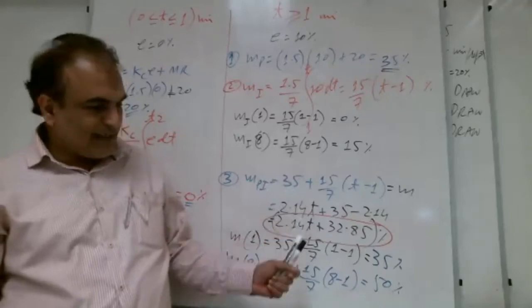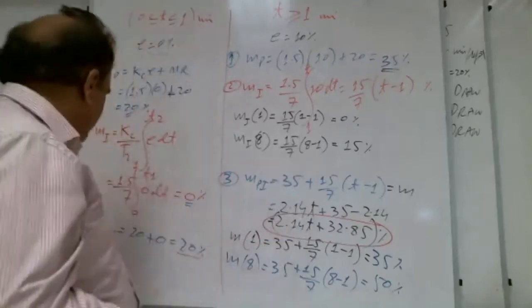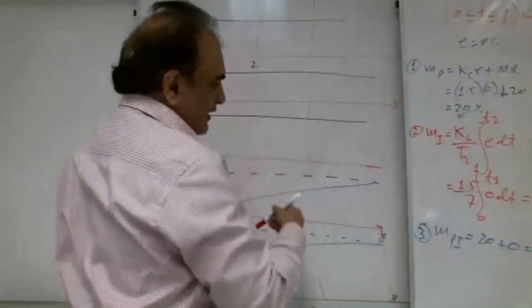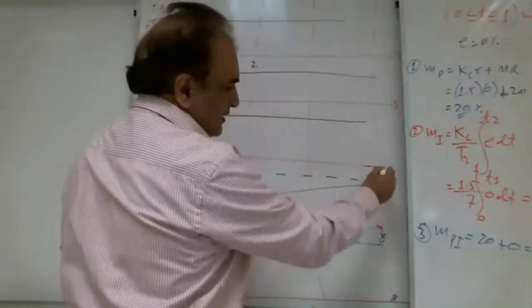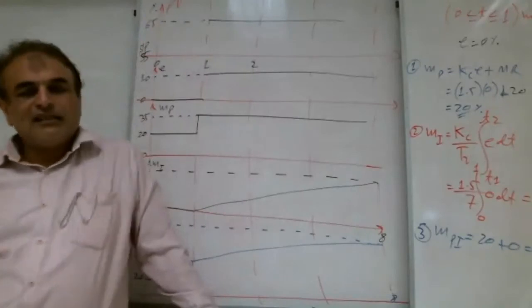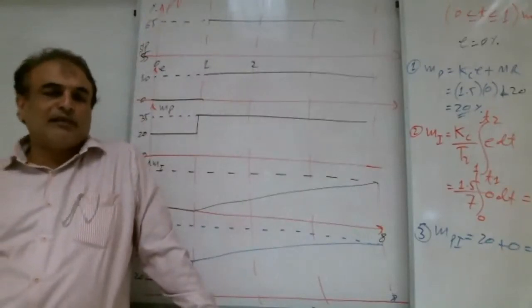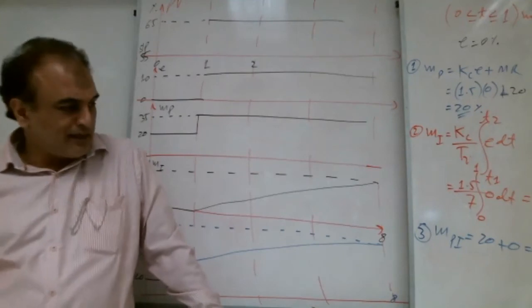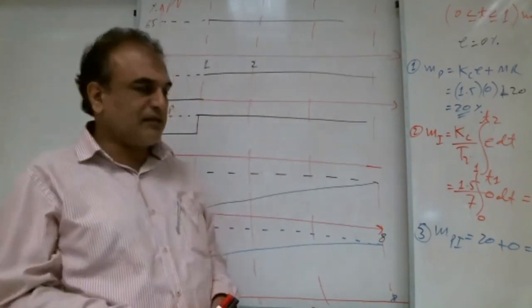Up to that time it is increasing like this. After that time it becomes a straight line, because it becomes saturated and cannot go more than 100. You get my answer, Shabab? Okay, that's good.